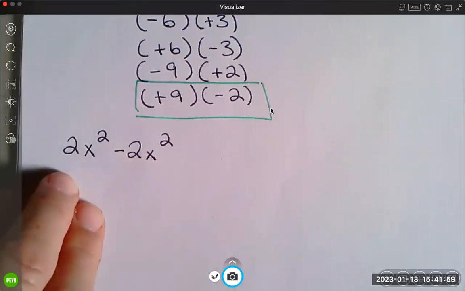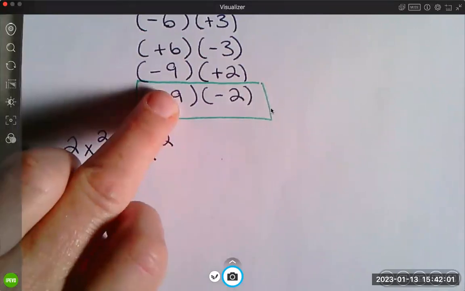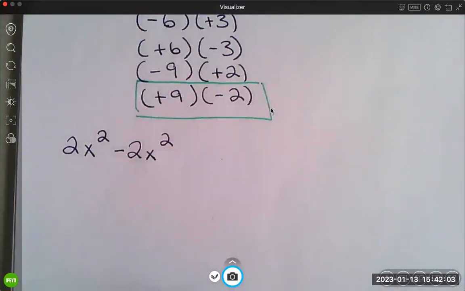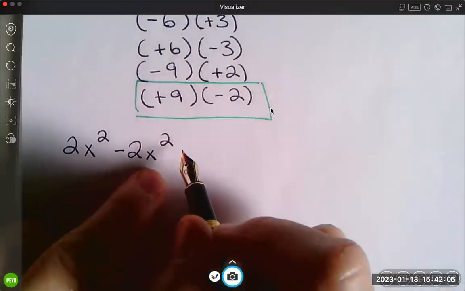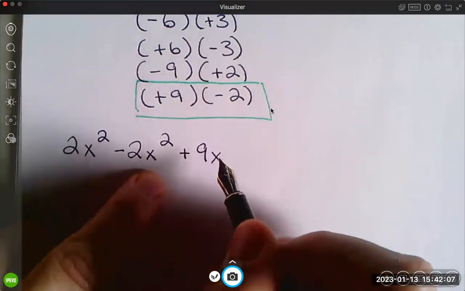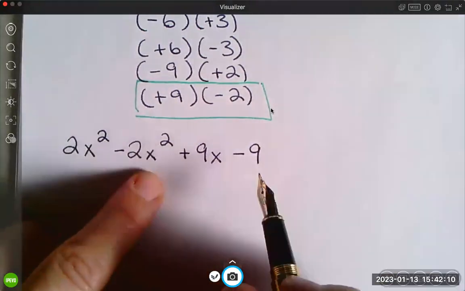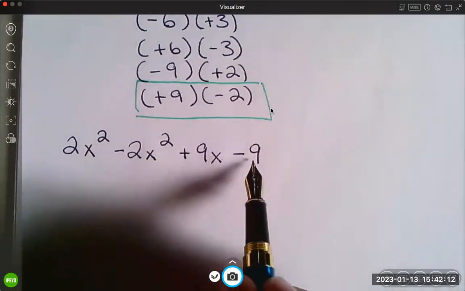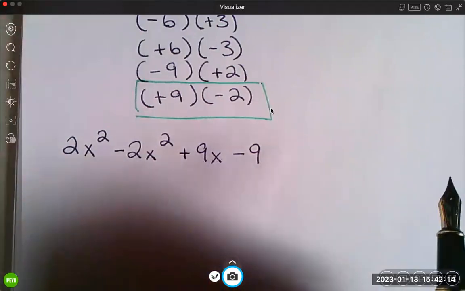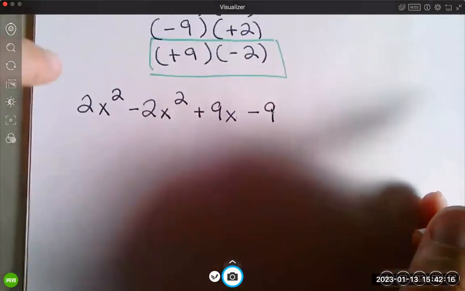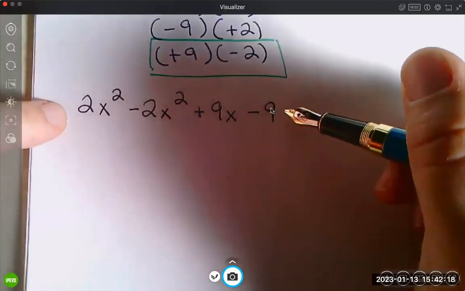We're going to factor by grouping. And if you put 2 with 9, there's no factoring that you can do, right? Okay. And then plus 9x minus 9. And then you see that 9x is with a -9, and that's going to factor out nicely as well. So I didn't change the value of my trinomial.